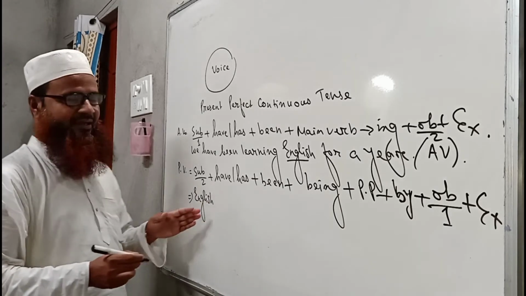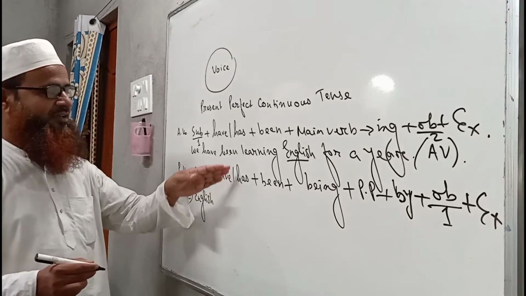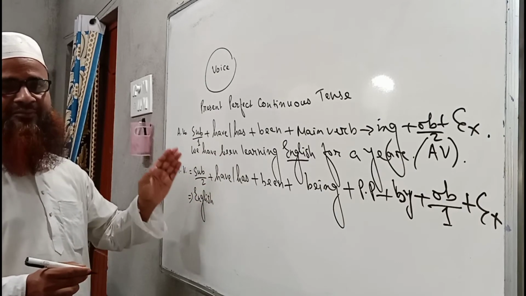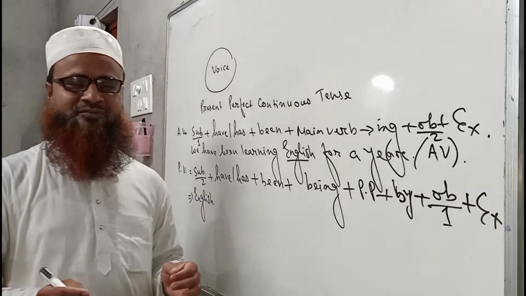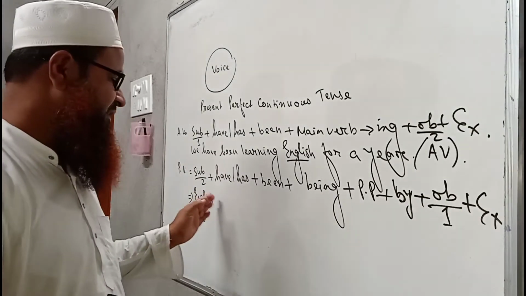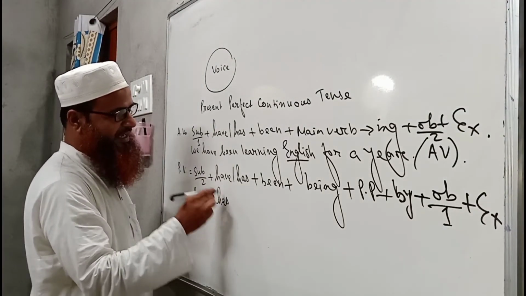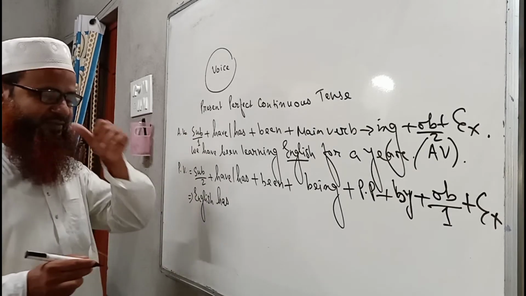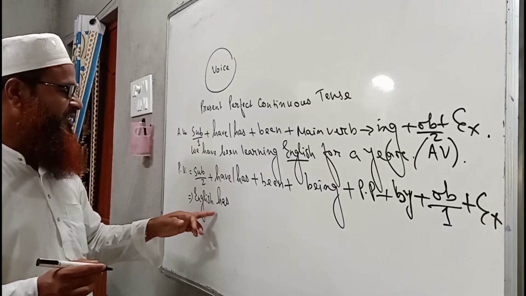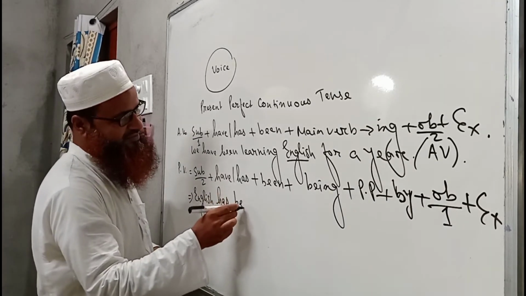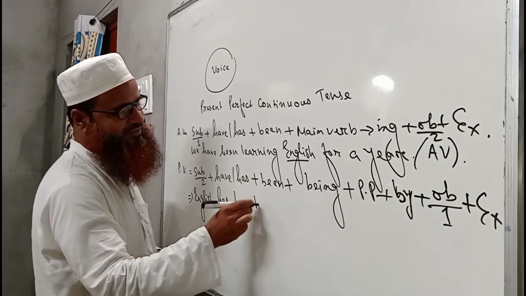So English, and with English the have verb will come. The have verb that is applicable with English is has. Have will not come because English is the third person singular number, so has will come with English, and been must come. Then we have to write being.